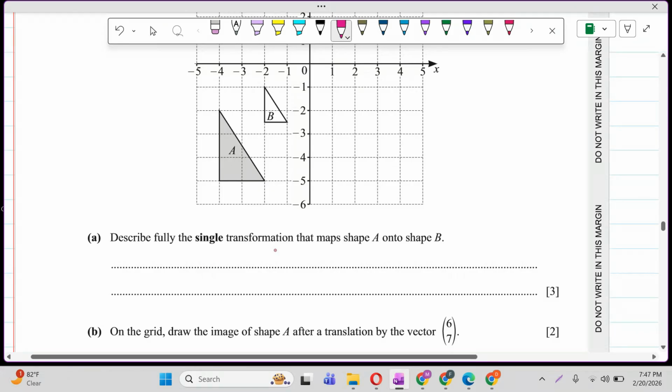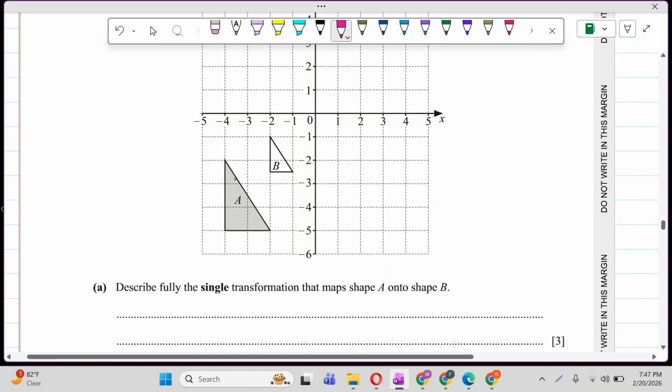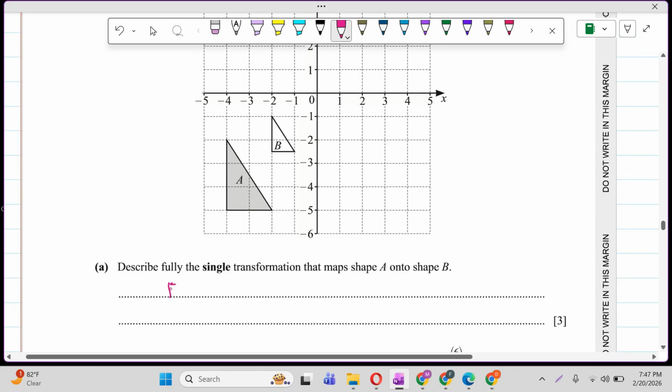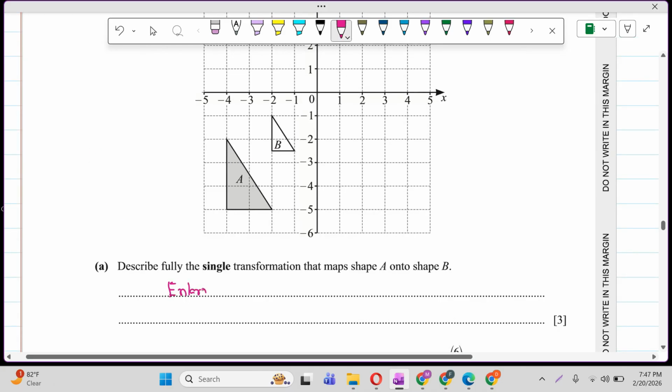Question number 15. Describe fully the single transformation that maps the shape A onto the shape B. So this one is the shape A and this one is the shape B. The shape A is greater than shape B, so we can say that there is an enlargement by factor.